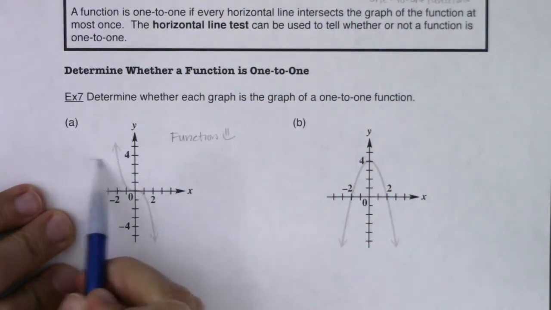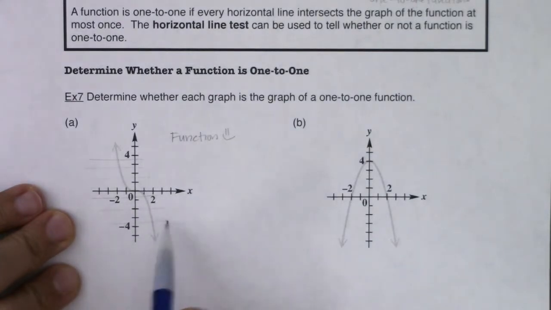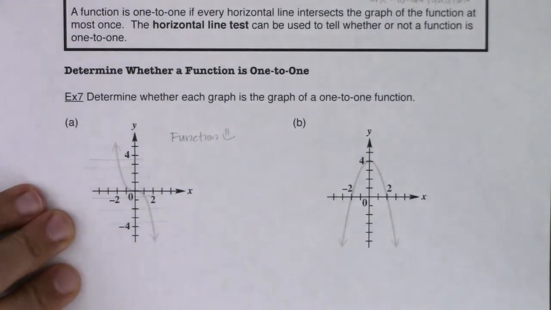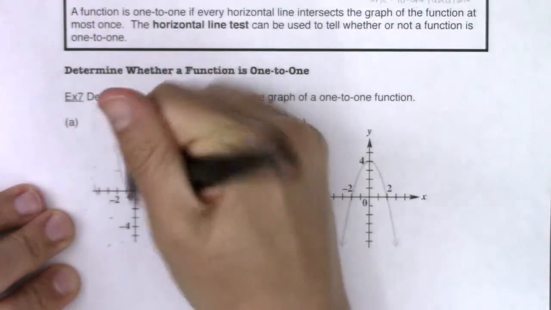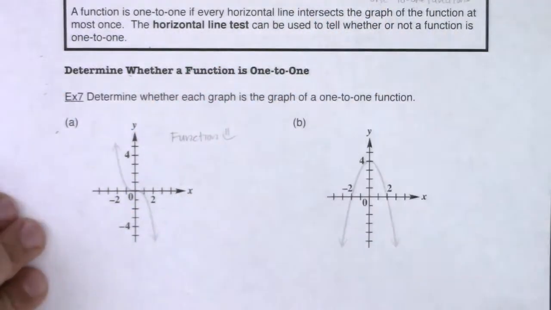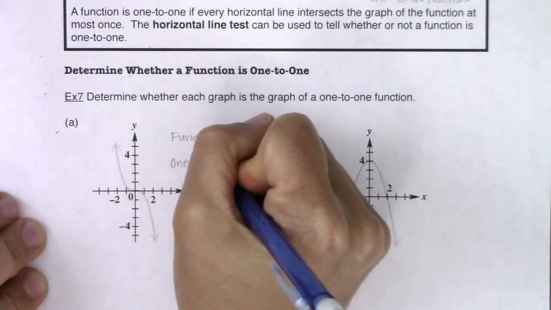Does it pass the horizontal line test? It does. If I draw horizontal lines, they intersect my graph at no more than one point, specifically exactly once. So this passes the horizontal line test as well, and on top of that, it's a one-to-one function.